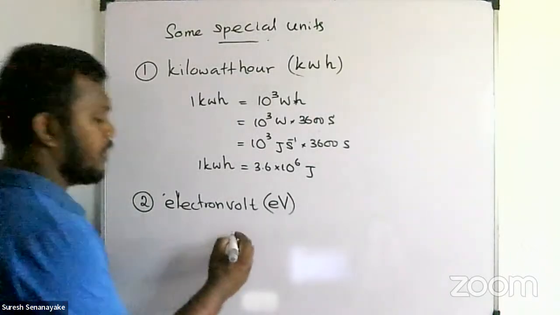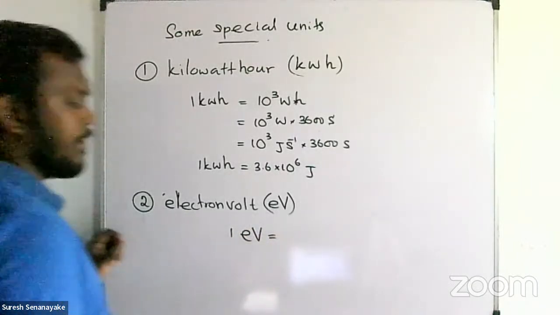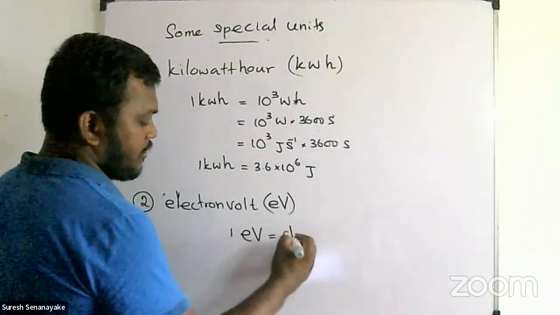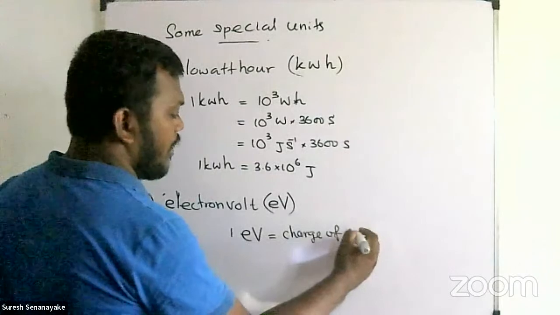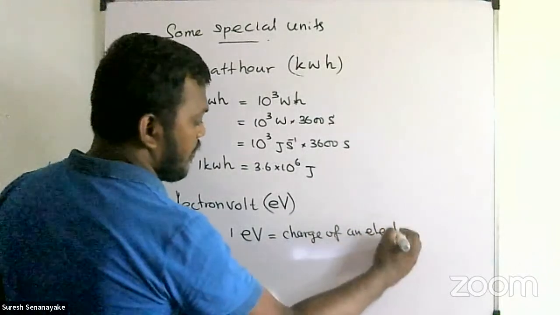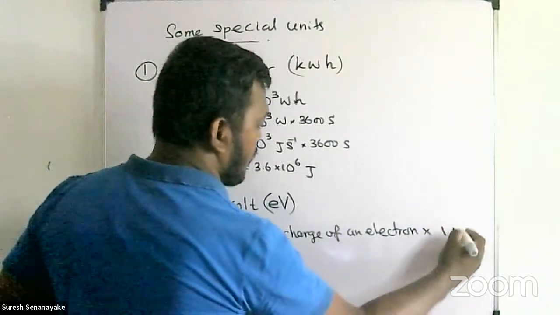So 1 eV you can write as the charge of an electron multiplied by 1 volt.